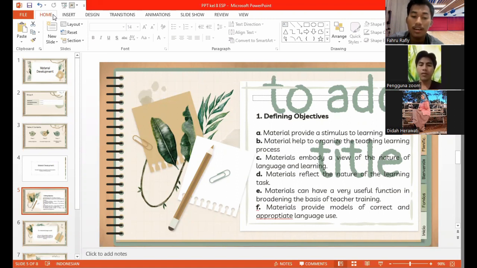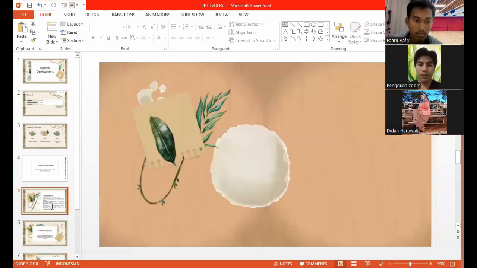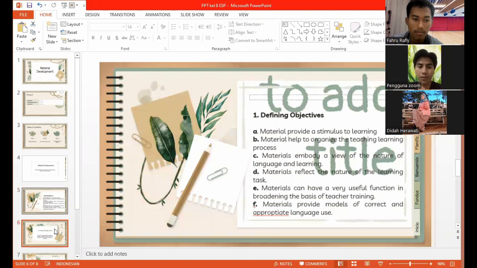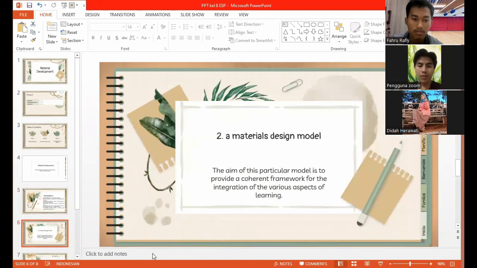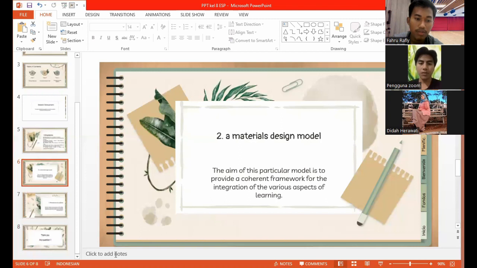And F, materials provide models of correct and appropriate language use. So next, the material design model will be explained by other speakers.